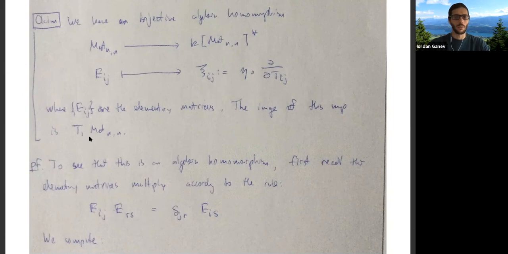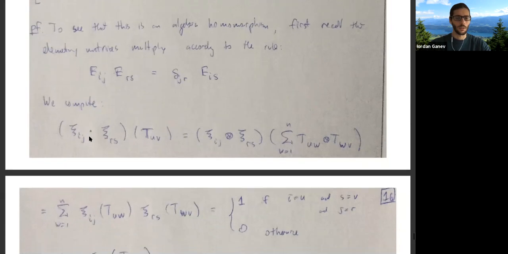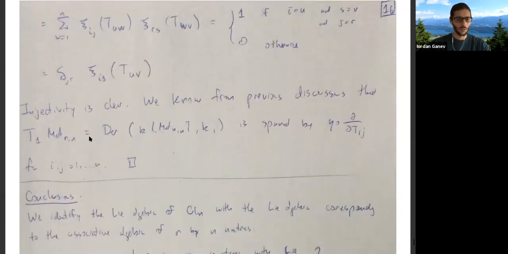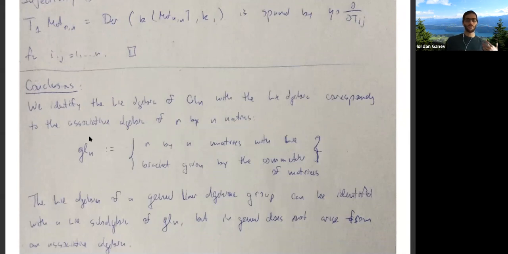But that's something special here, and it means that, okay, so what are the conclusions here? The conclusion of all this discussion is that we can identify the Lie algebra of GL_n through this procedure of thinking about n by n matrices with the Lie algebra corresponding to the associative algebra of n by n matrices.